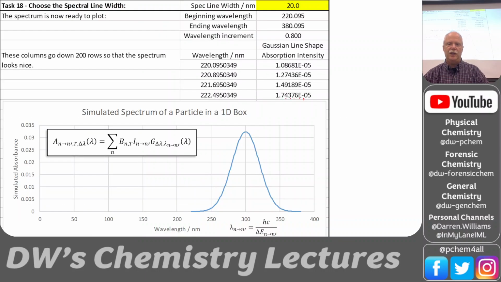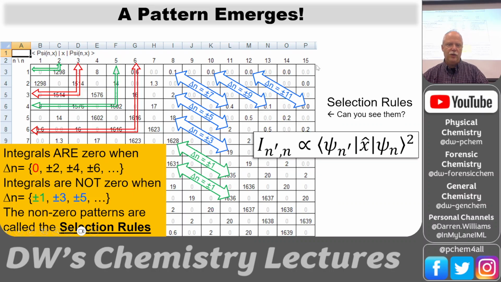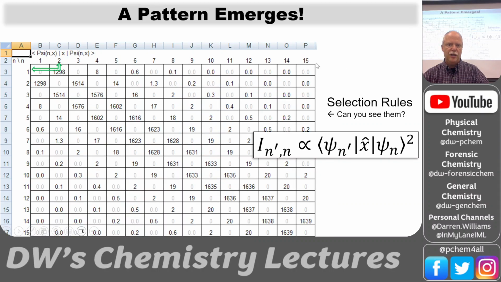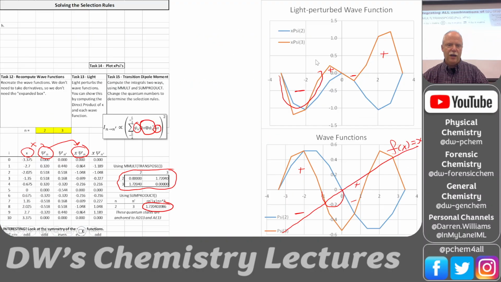So this has the Gaussian line shape intensity. And so here's your peak at 300 for the transition from 2 to 3. So this is lambda 2 to 3. How do I know that? Well, that's because that's what was in this spot right here.